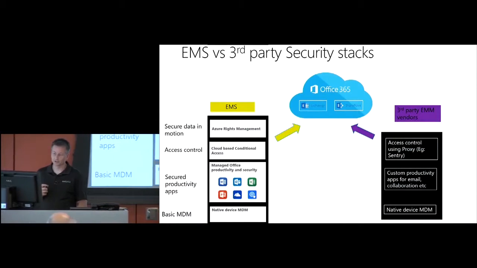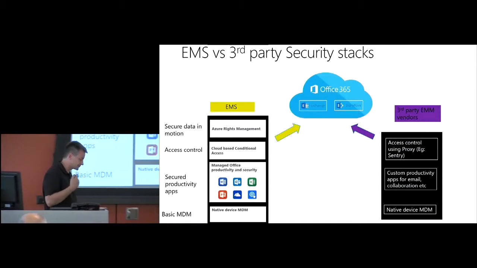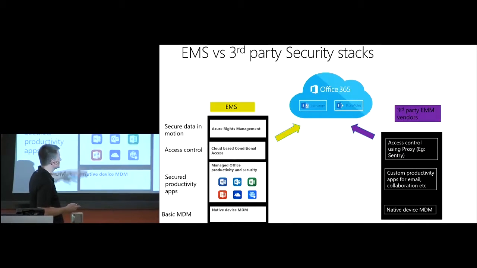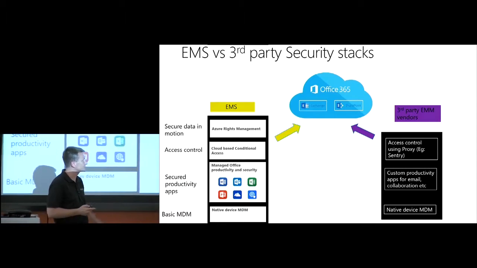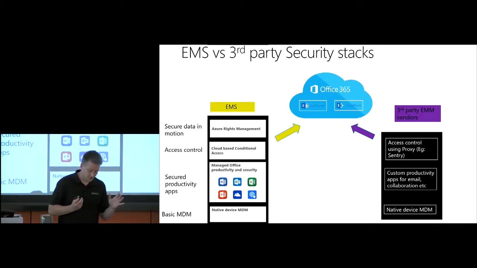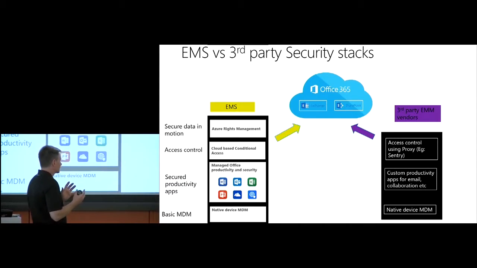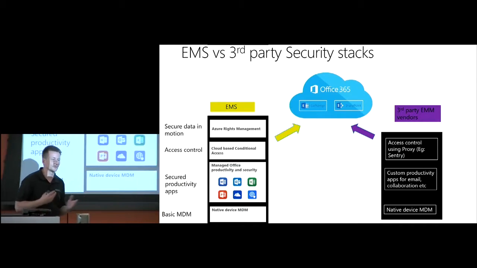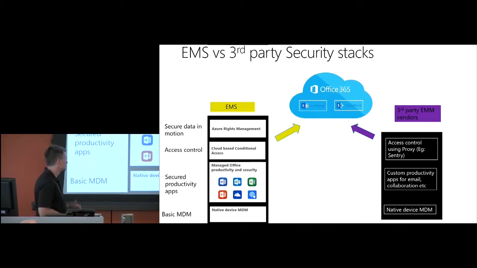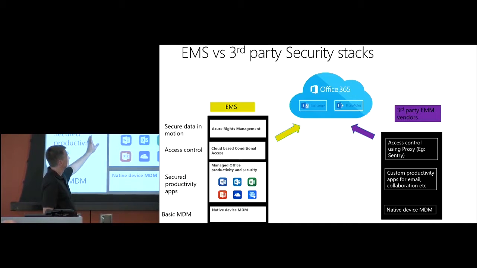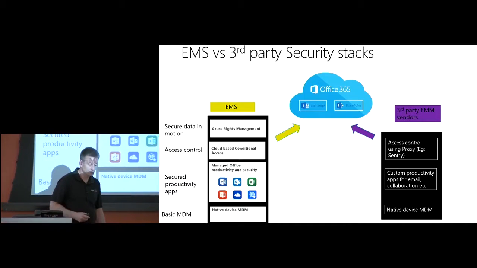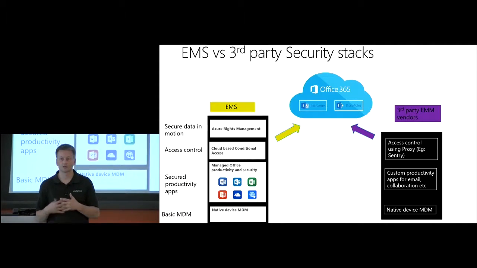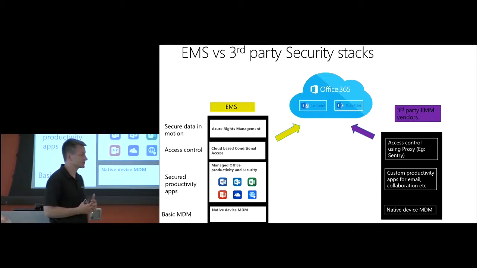This is how our stack looks, and it's interesting, it's a suite, essentially a bunch of services, and when you look at the other side, there's a disparate configuration where you have to buy multiple applications in order to get the capabilities you're looking for. So we start with native MDM. We then look at managing the Office productivity suite and securing it to make sure that the data generated by your users using that suite is protected.